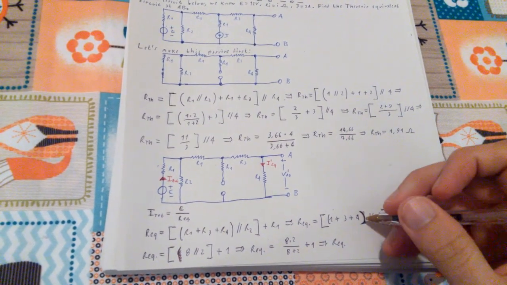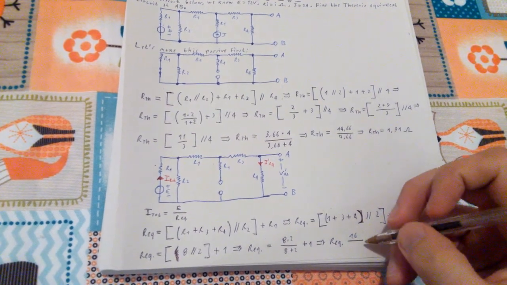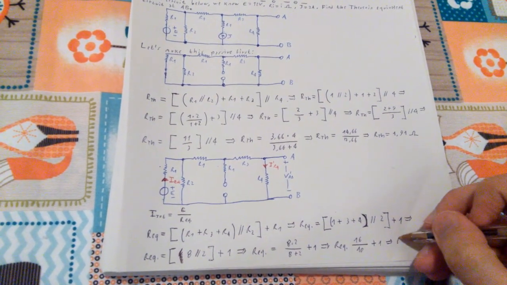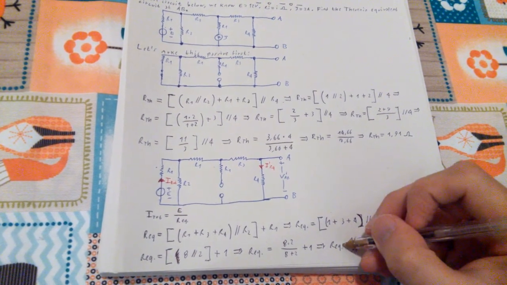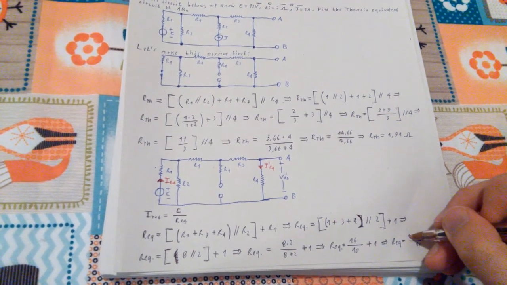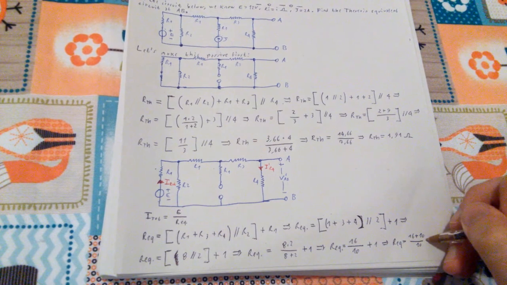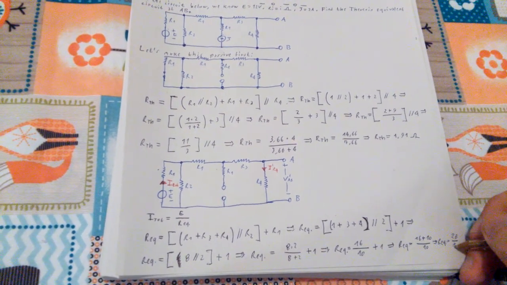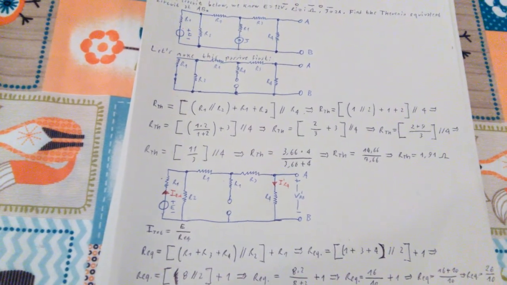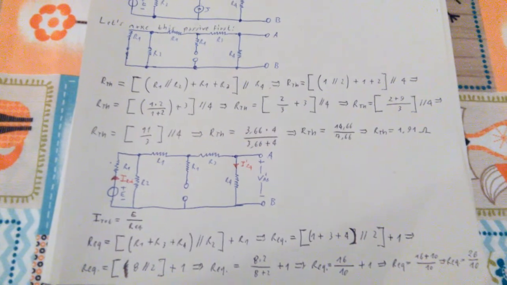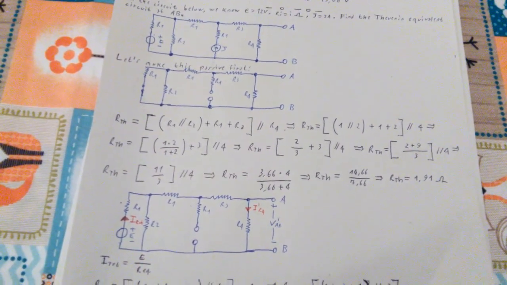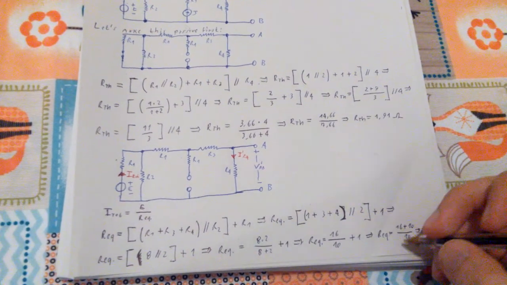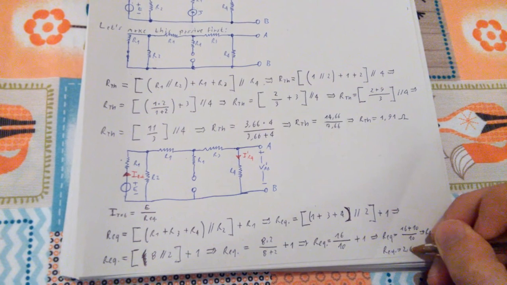So that's 16 over 10 plus 1, which is 26 over 10, which we can rewrite as 2.6. So R_EQ is 2.6 ohms.